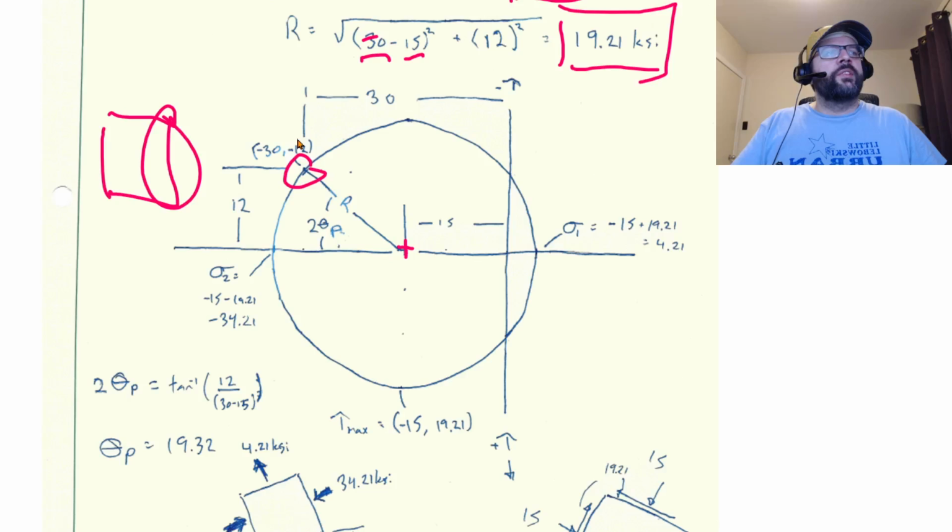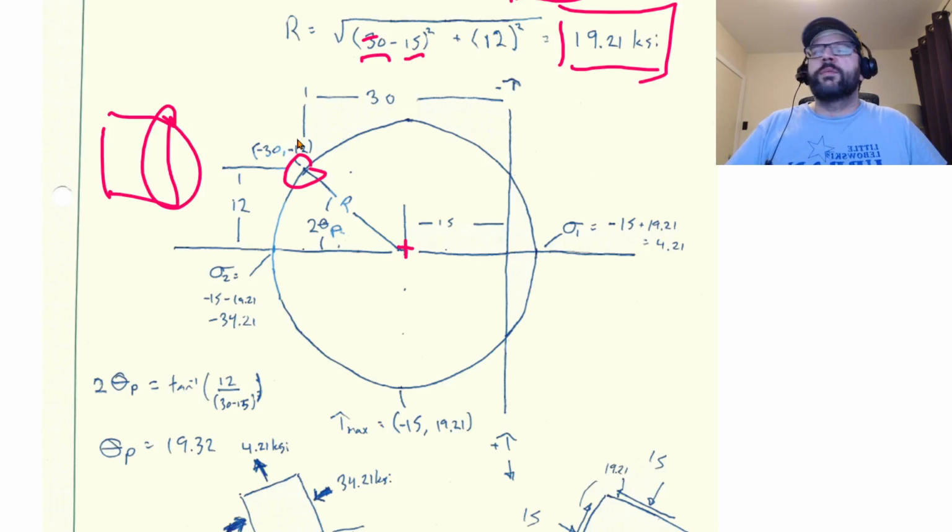Our sigma 1 is the center plus the radius, so minus 15 plus 19.21 gives us 4.21. Our sigma 2 is the center minus the radius, so minus 15 minus 19.21 gives us minus 34.21. Those will be the magnitudes of our principal stresses.